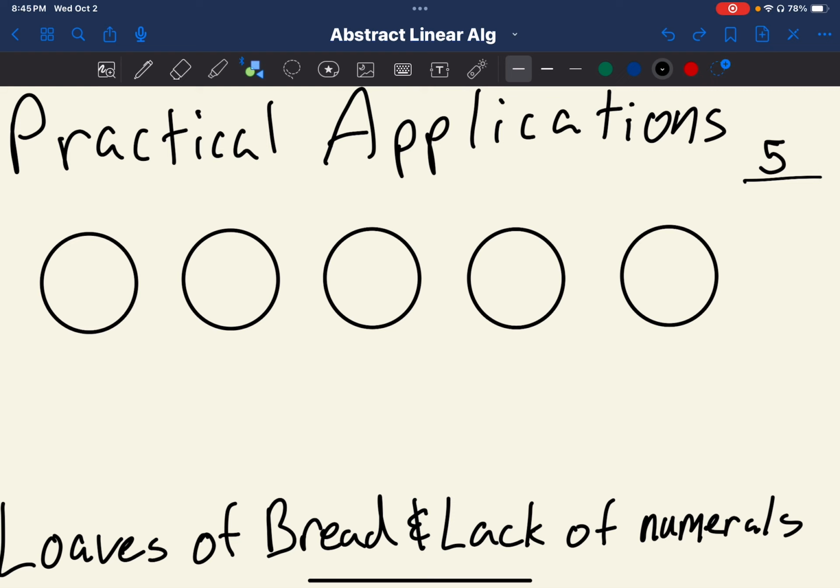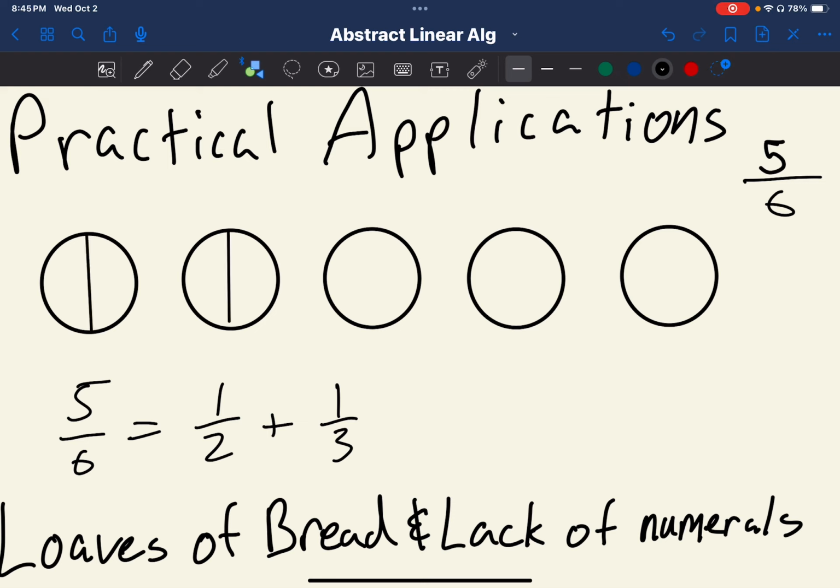So instead, what Egyptians would do, and what we can do, is rewrite 5/6 as 1/2, which is 3/6, plus 1/3, which is 2/6. And with that, we can just make 6 halves and 6 thirds.